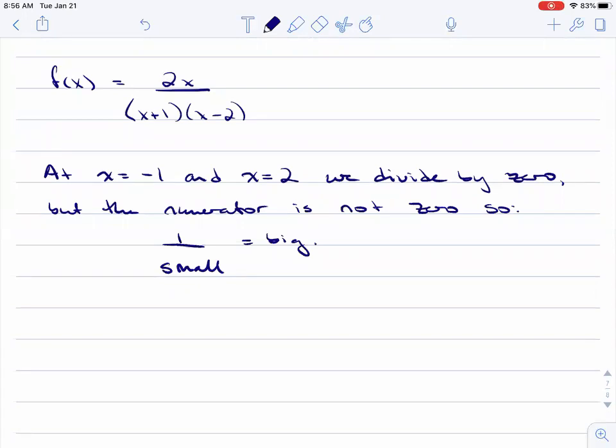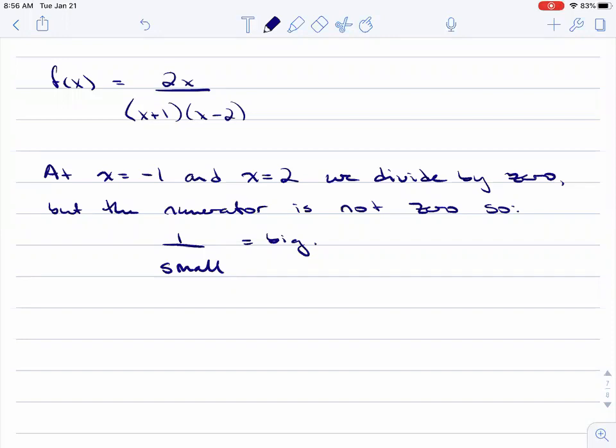And so for our cutoff points, we know we've got gaps at x equals -1 and x equals 2. Another thing that we might forget but is going to be important is, do we have any x-intercepts? Does the function cross the x-axis at any point? So if we let the function be 0, that's going to happen when x equals 0.